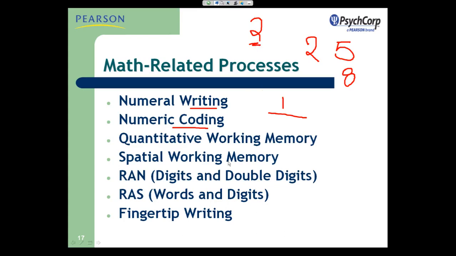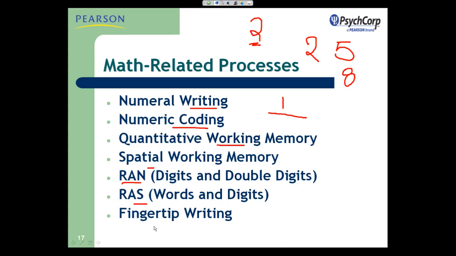What about quantitative working memory? Are you able to hold in memory the numbers, mentally manipulate those numbers? What about spatial working memory? And then again, you want that component to proceed effortlessly. So the ability to name digits and double digits rapidly, and also when you're thinking about switching back and forth between words and digits.